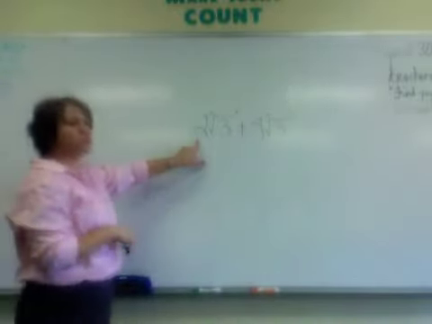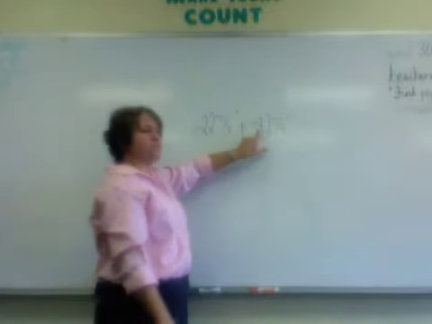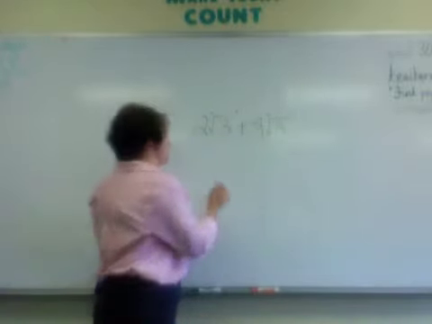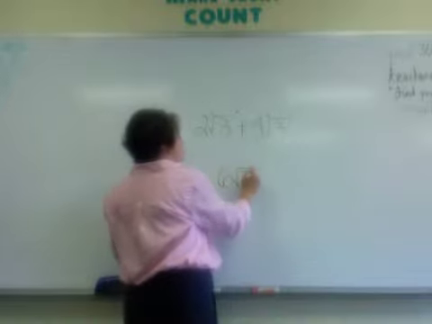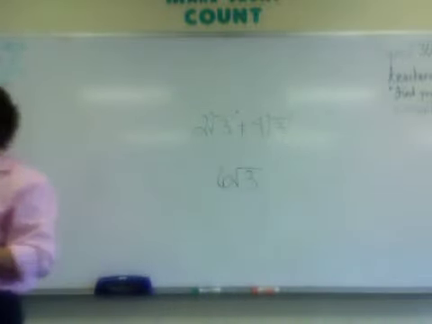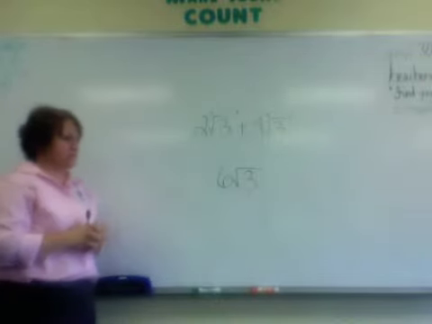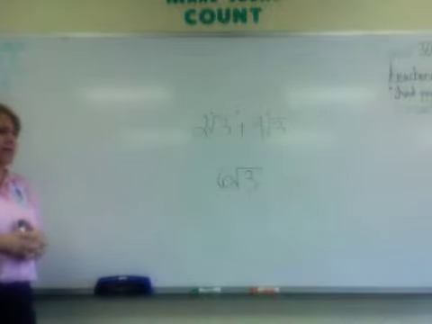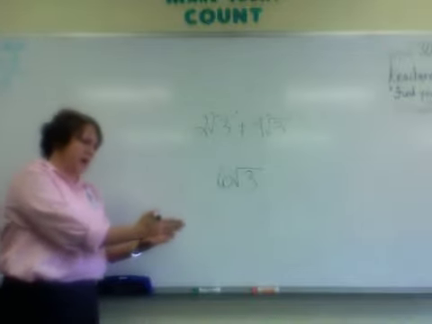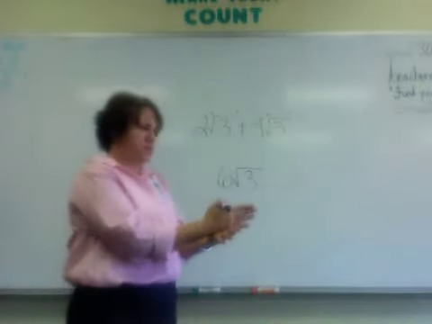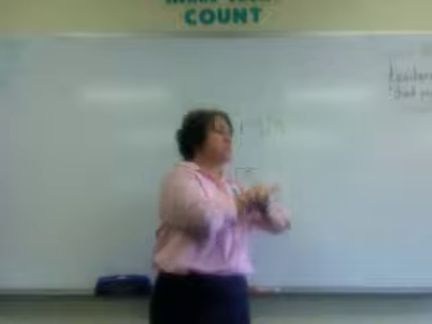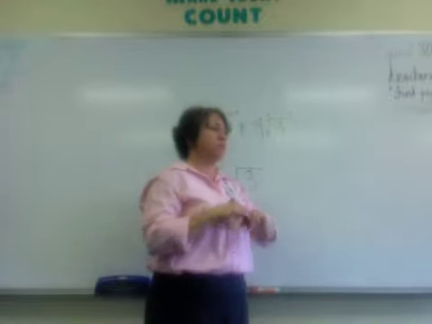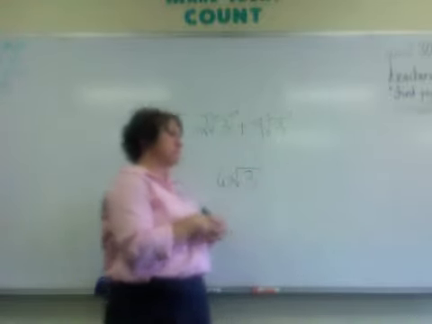I have 2 square roots of 3 plus 4 square roots of 3 for a total of 6 square roots of 3. When you're adding, the radical does not change. When you're multiplying, you multiply. It's just like dealing with variables. You can only add variables that are alike. When you add, the variable doesn't change. You can multiply any variables together, and when you do so, you combine them.